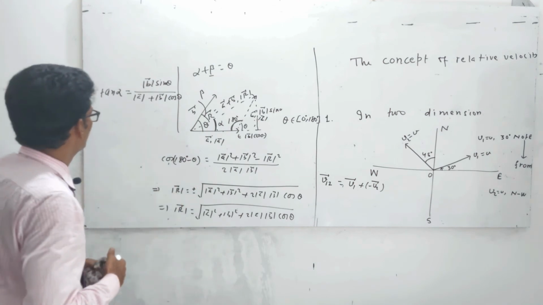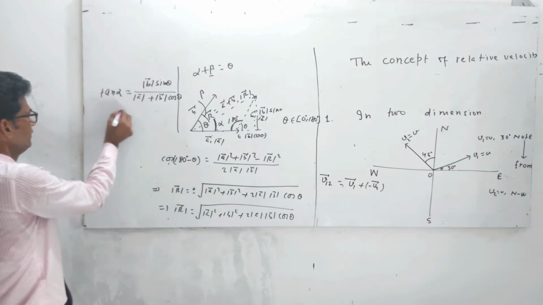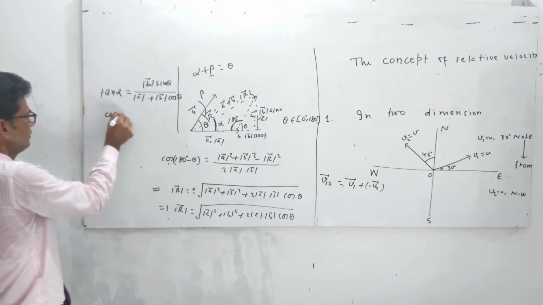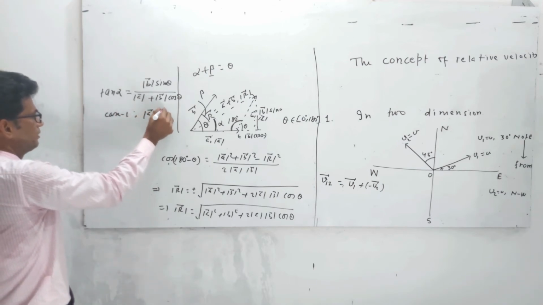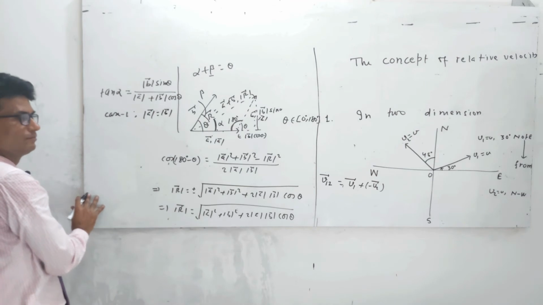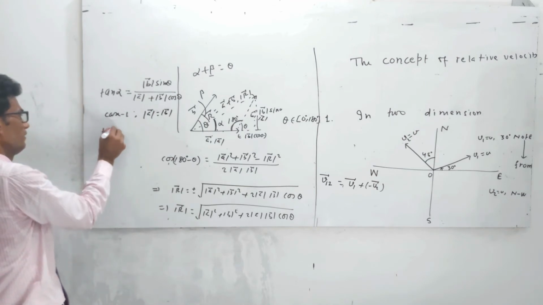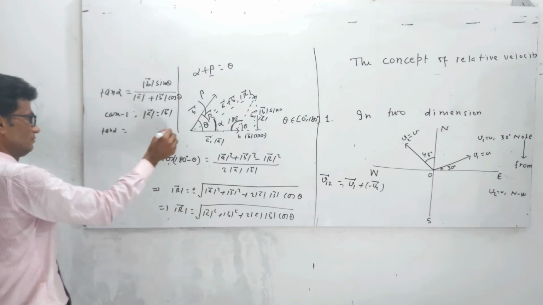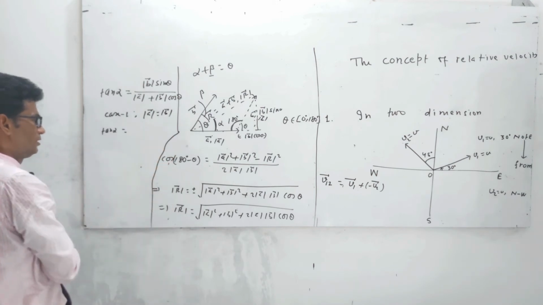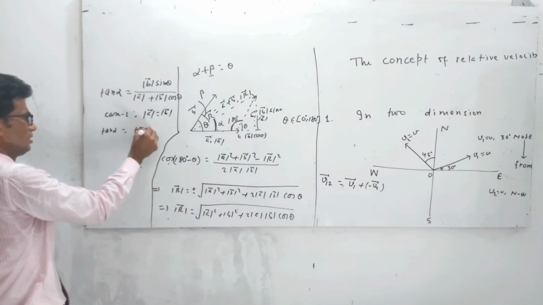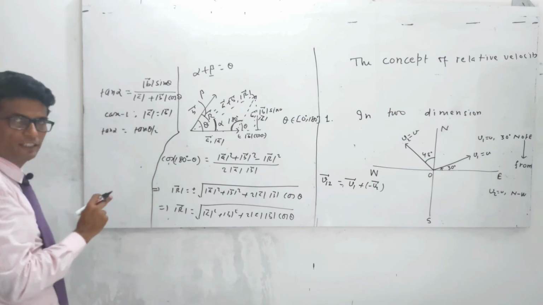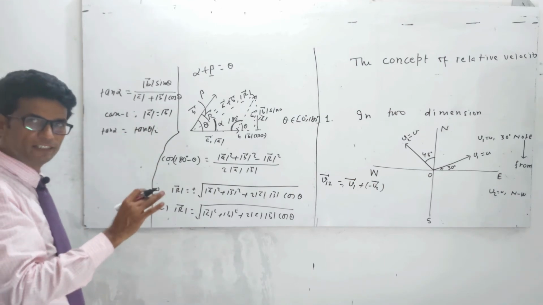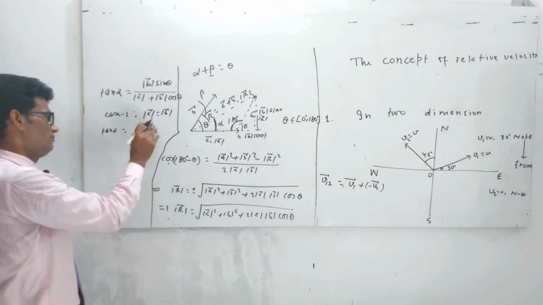So here, suppose case 1, modulus of vector A is equal to modulus of vector B. Then tan alpha comes out to be, after doing certain simple trigonometry, tan theta by 2. However, theta is maximum 180 degree, then half of that is maximum 90 degree, and minimum 0 degree.